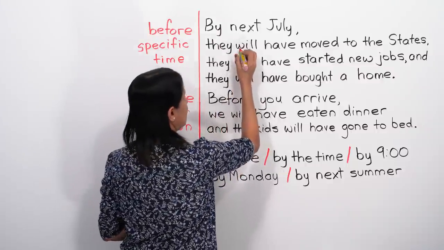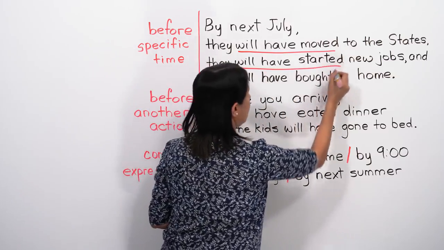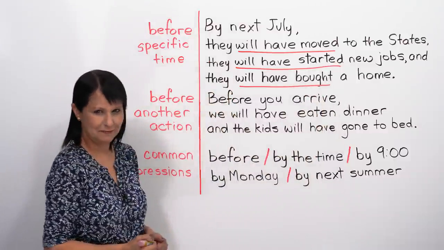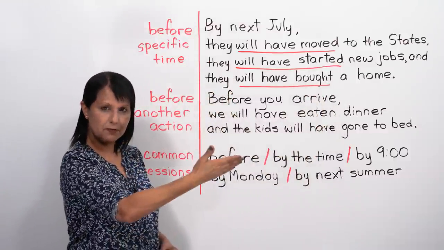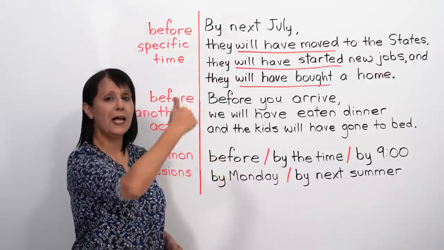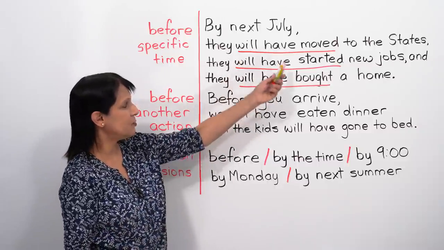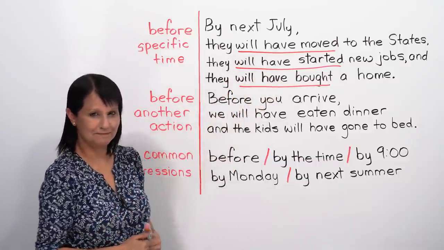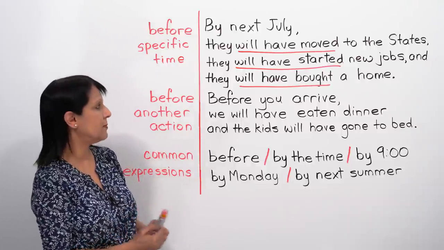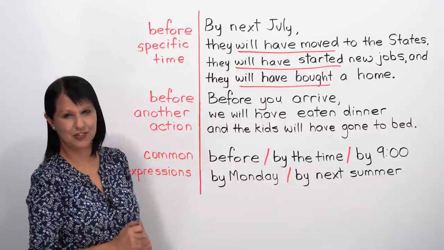In 3 places. Will have moved, will have started, and will have bought, right? By this time in the future, by next July, these 3 things will have happened already. Okay? That means these things will have happened before.